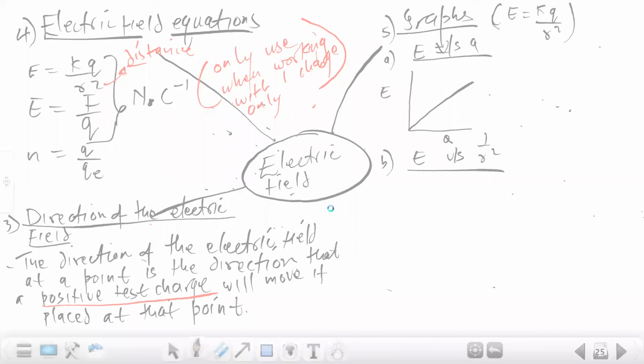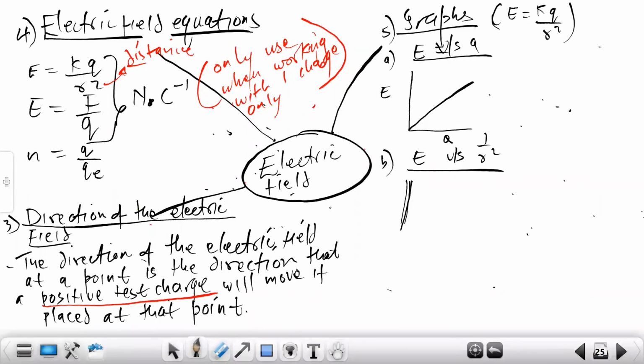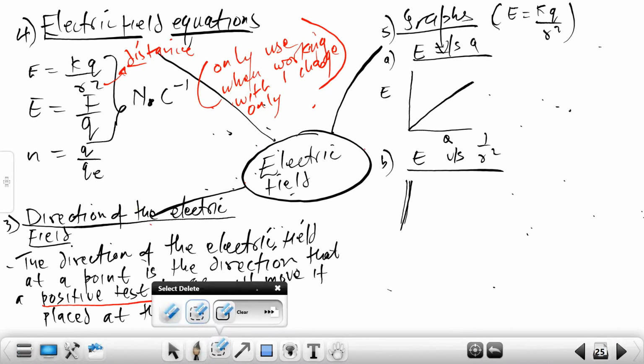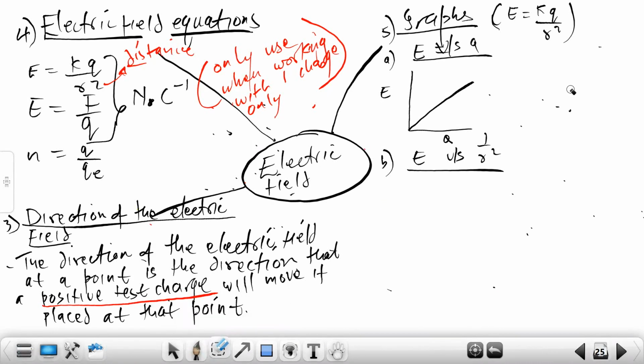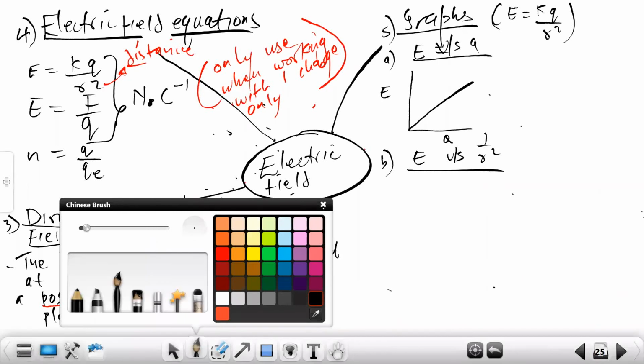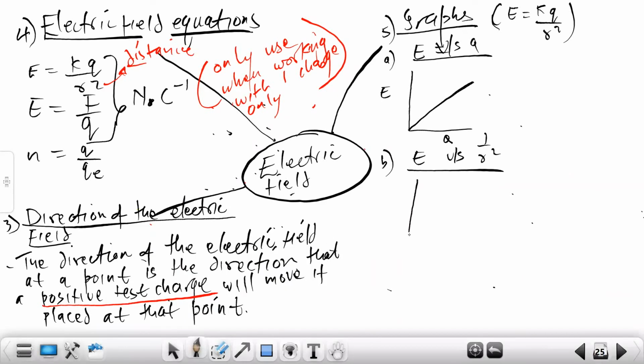So this will allow me now to draw a correct graph because I fully understand the relationship between the two. So I'm just going to remove this and draw the right graph for you guys. Then I'm going to just say this should be now something of this nature, and this is r squared, and this is E.